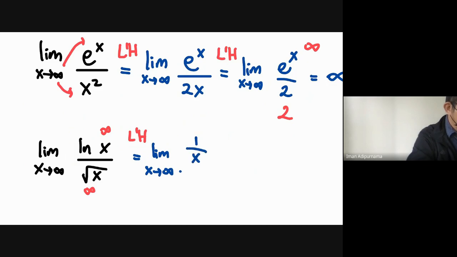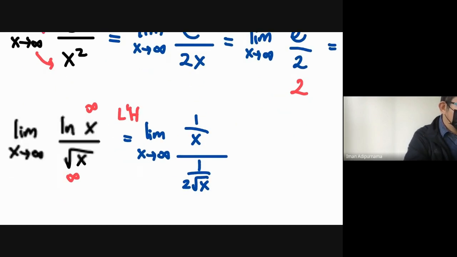So this will be 1 over x, and this will be 1 over 2 square root of x. It's tempting to check that this will be 0 and this will be 0, right? 0 over 0. You may use the L'Hopital process, but actually what you need to do first is simplify, because you have x and you have square root of x.